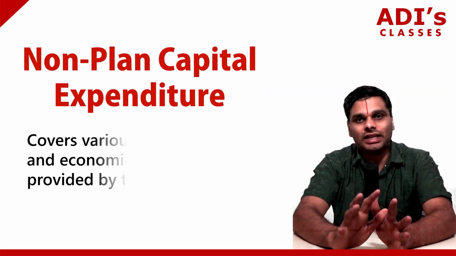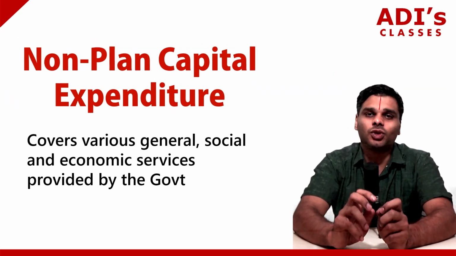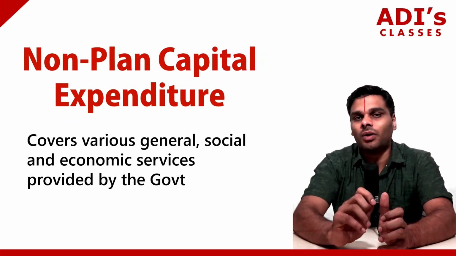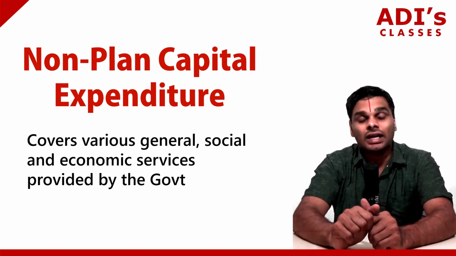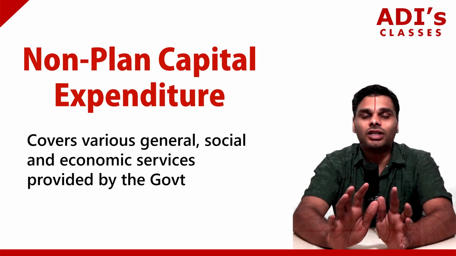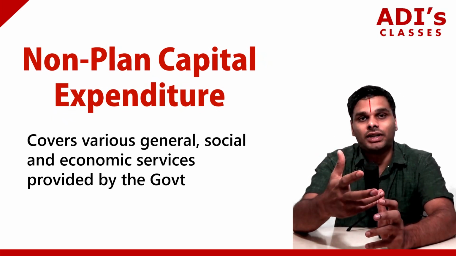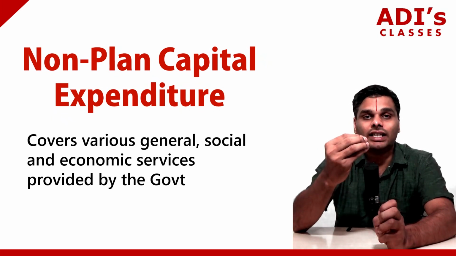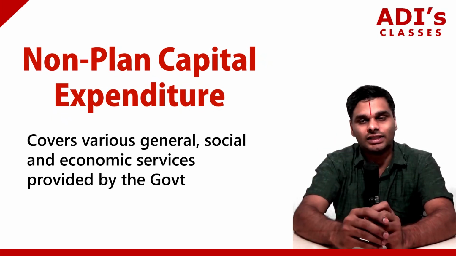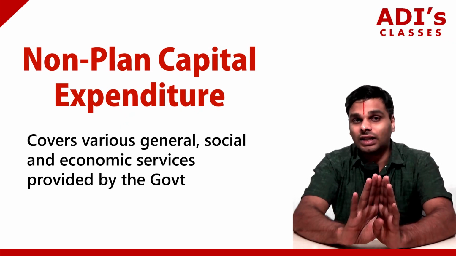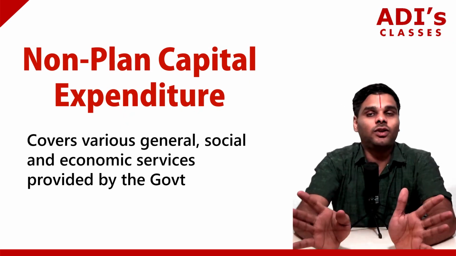Non-planned capital expenditure covers various general social and economic services provided by the government. You should not think that these are completely in terms of revenue expenditure, because this is capital expenditure. This does not include the non-planned revenue expenditure.